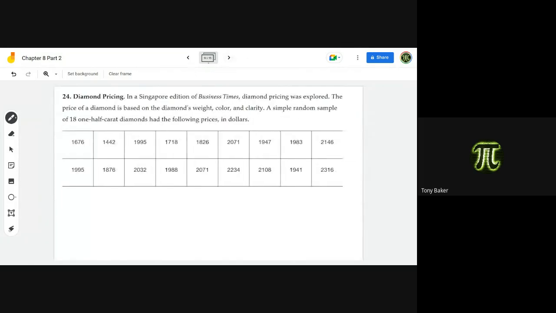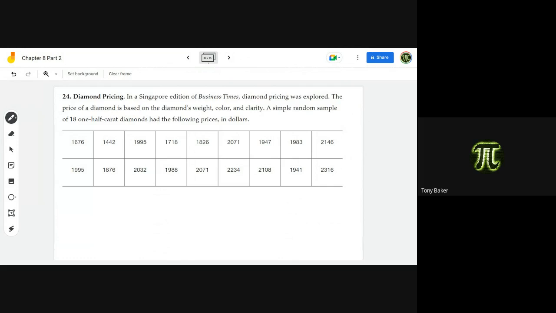All right. Next one. Diamond prices. So I have a simple random sample of 18 1.5 carat diamonds.